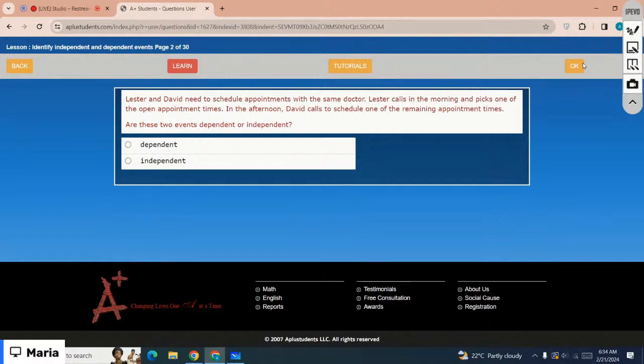They are dependent events, because Lester called first and had more options. David calls later, so David has one less option because one of the options was picked by Lester. So they are dependent events. The correct option is dependent.